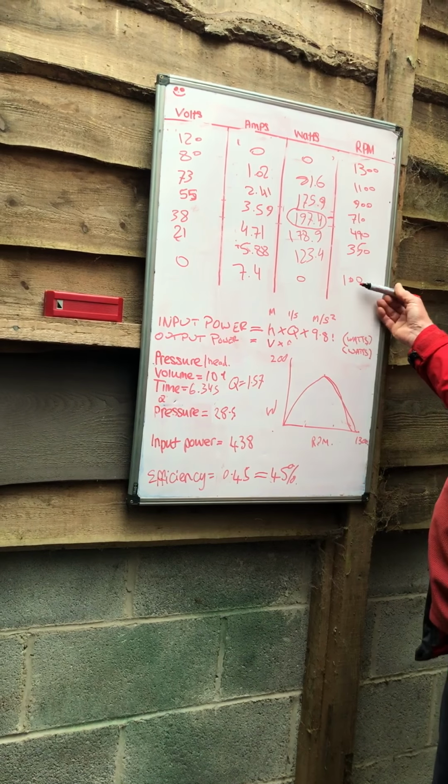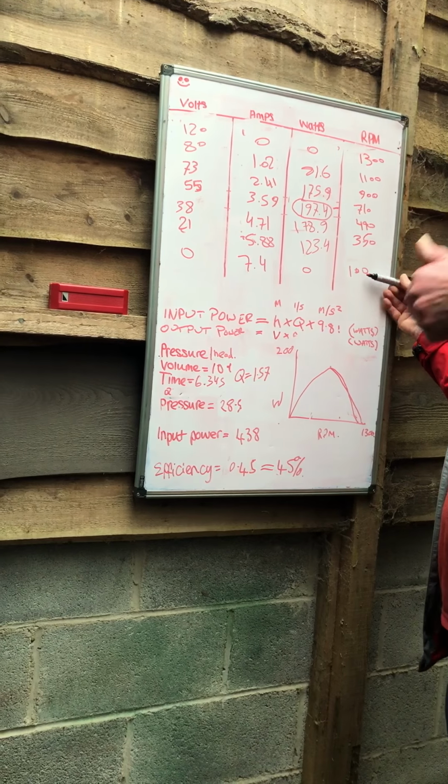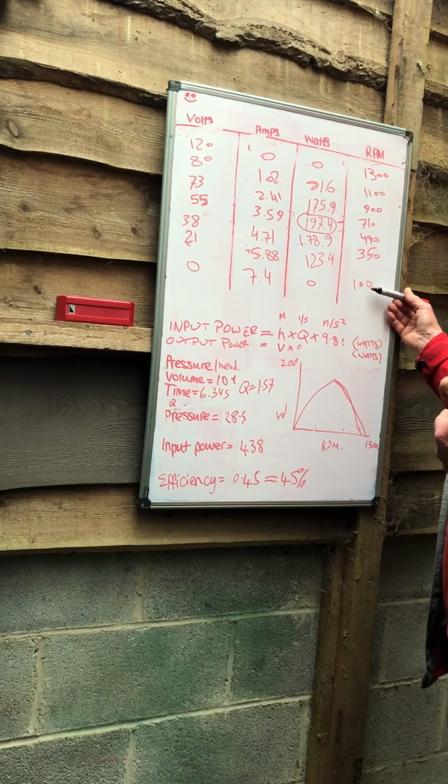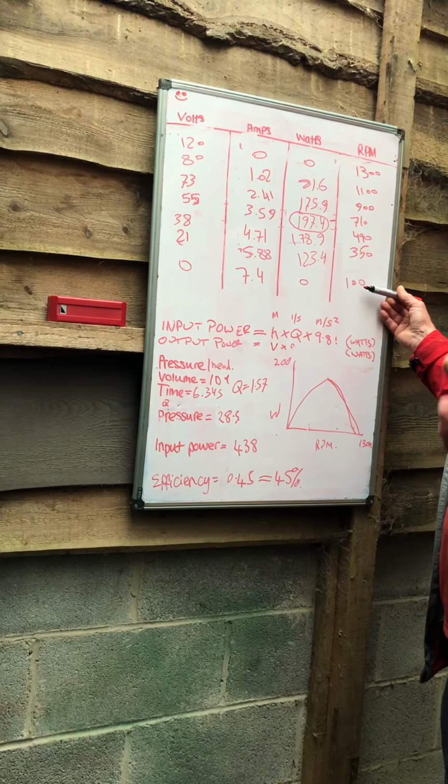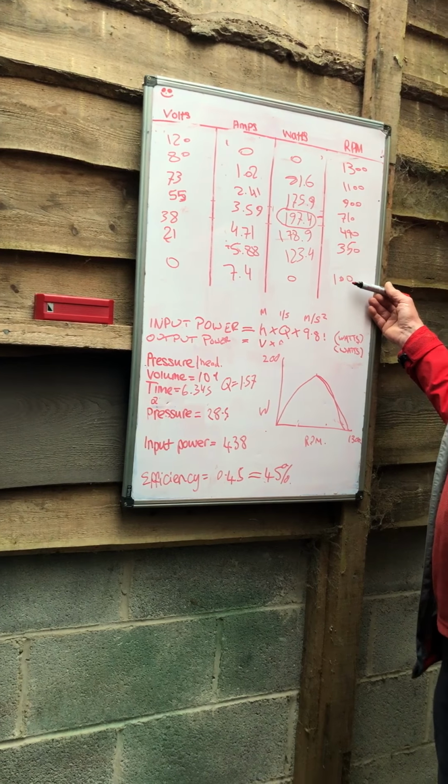You can prove mathematically that the maximum power transfer on a Pelton turbine is when the peripheral speed of the wheel is half the speed of the jet. And our experimental results more or less bear that out.